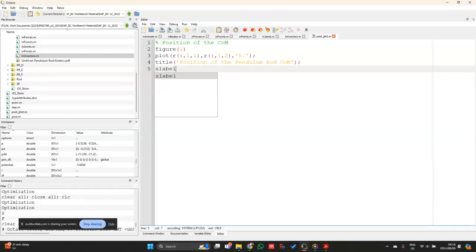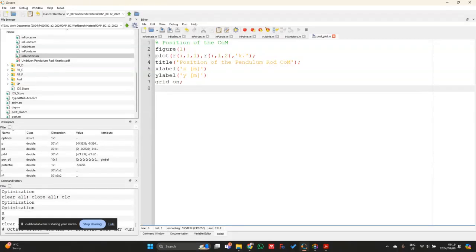Okay, and then I can just add X label as well. So X label will just be the X point, which is in meters, and a Y label as well, which will then be Y in meters. Okay, and then perhaps I want to show the grid as well. So I'm just going to say grid on.